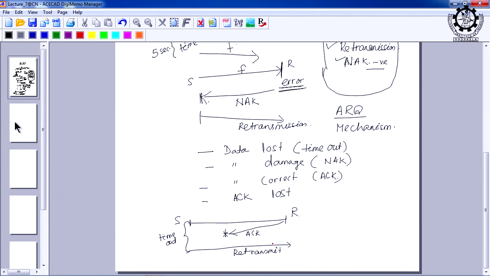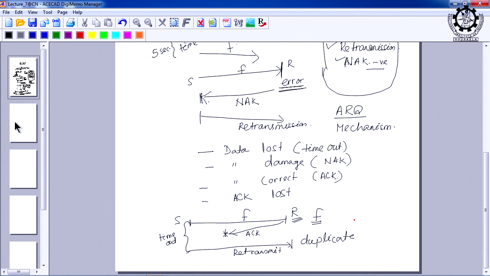But this frame was already received by the receiver in the correct form. Let us say the frame F that was received. But because the acknowledgement was lost, the sender is again resending the frame. So, what does the receiver understand now? Because I am getting a duplicate packet, the first thing it does is it discards the duplicate.